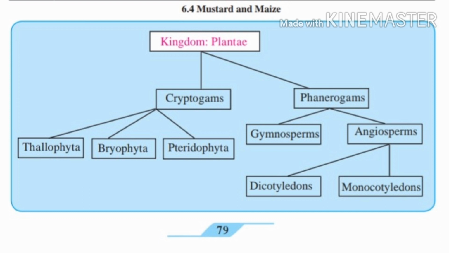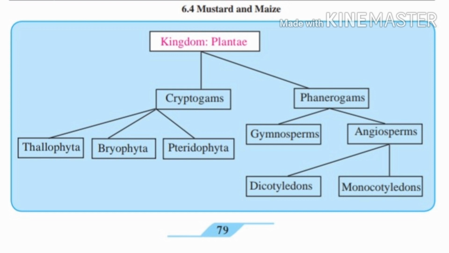Cryptogams are non-flowering plants and phanerogams are flowering plants. These cryptogams are further subclassified into three divisions, that is thallophyta, bryophyta, and pteridophyta.